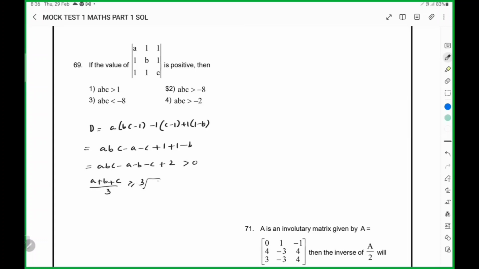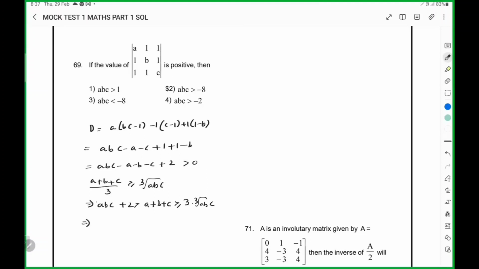Arithmetic mean. So ABC plus 2 is greater than A plus B plus C, which is greater than or equal to 3 times cube root ABC.